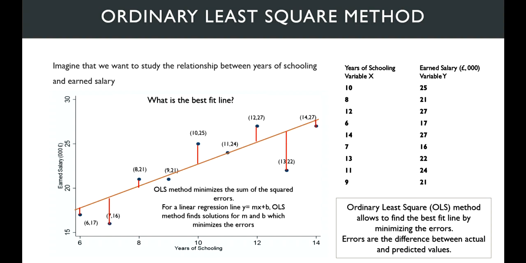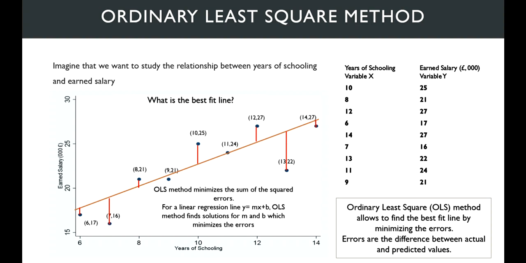Now, the OLS method helps us to identify the solutions for m and b, which actually minimize the errors. So we do not have to compute the errors for all the possible regression lines which pass through these data points. Rather, we simply apply the OLS method, and we will discuss how we do that in our next lecture. The OLS method provides us the solutions for m and b for the regression line, which actually minimize the errors.